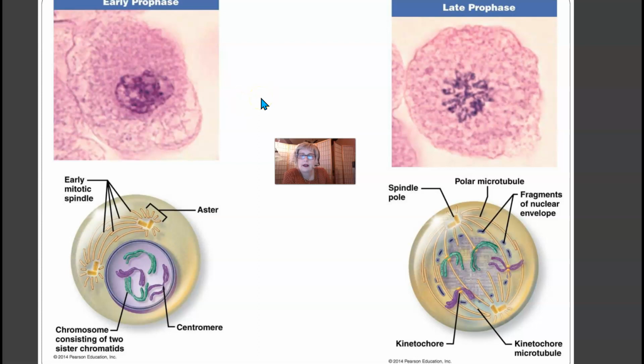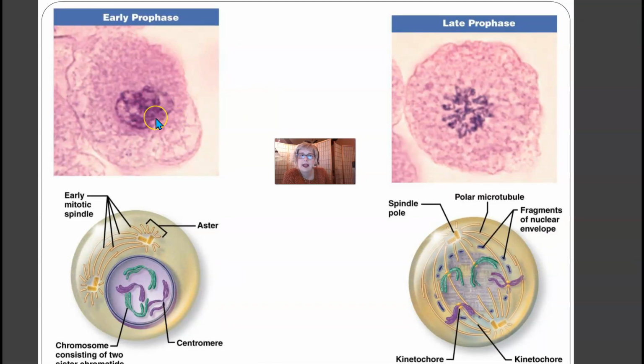If you look at early prophase, you could still see the remnant and boundary right here of a nuclear envelope, whereas in late prophase, you really don't see that at all. Now, I could see the argument that you can't really tell these chromosomes from these, but look at the difference. This is encased around a membrane, and this has a starburst appearance, and there's nothing surrounding them. So that's how you could tell early prophase from late prophase.